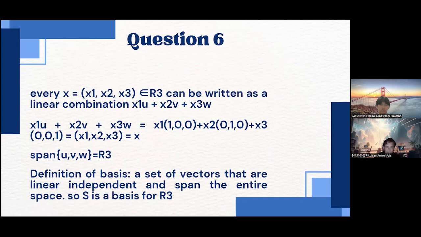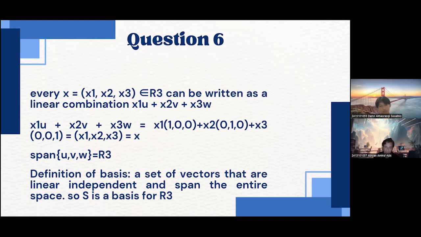And then every x equal to x1, x2, x3, an element of R3, can be written as a linear combination of U, V, and W. As a result, we have x1U plus x2V plus x3W, which we can substitute with the values from question number 4: x1 times 1, 0, 0 plus x2 times 0, 1, 0 plus x3 times 0, 0, 1.